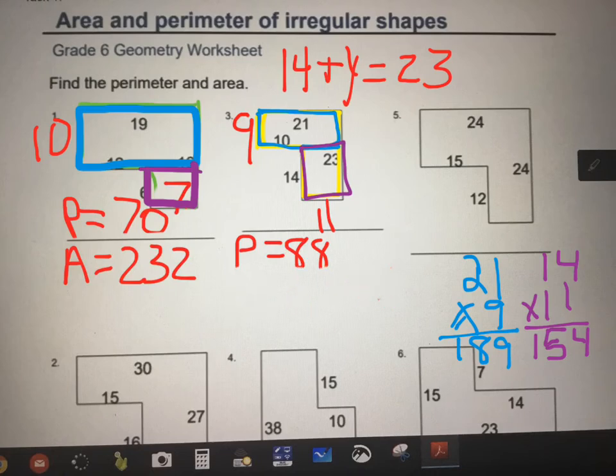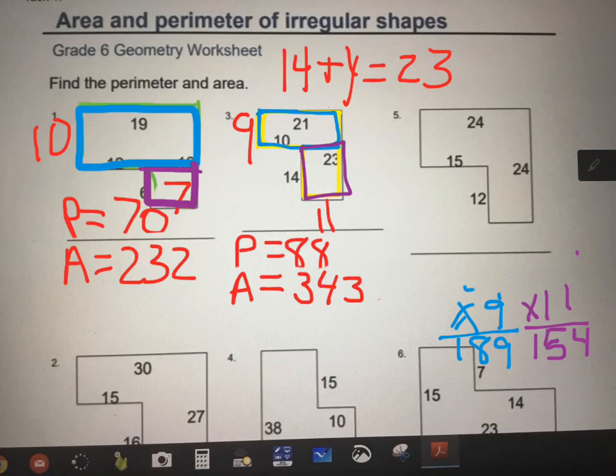So you're going to add 189 plus 154, and you will get 343.